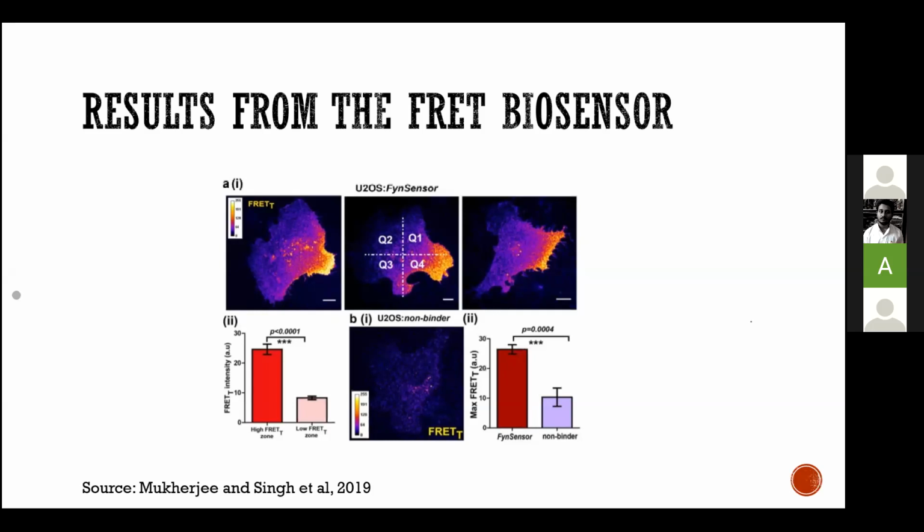So earlier I said that Fyn is present everywhere. Okay, but if you put some detector which can sense Fyn kinase all over the cell, then the whole cell will glow. You basically will get the spectra of the whole cell, which will show yellow fluorescence only. But we particularly want to study the cell at the migration stage, right? So this cell is migrating on the right, in the first panel.